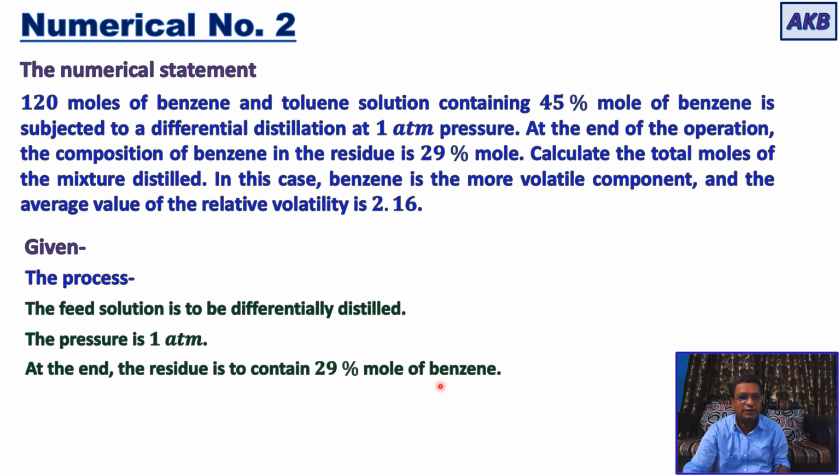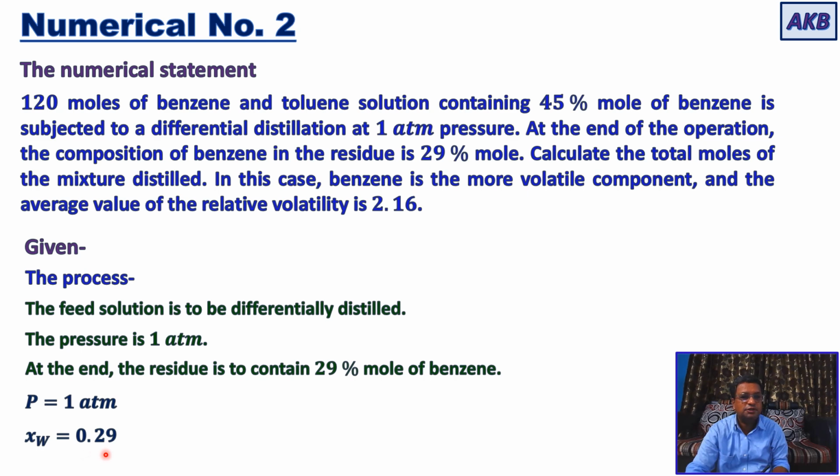So finally, in the residue, mole percent of benzene is 29. So from this, we can collect these things. Pressure, P is 1 atmosphere, and then XW, that is mole fraction of benzene in the residue, it is 0.29. 29 divided by 100, that gives us 0.29.